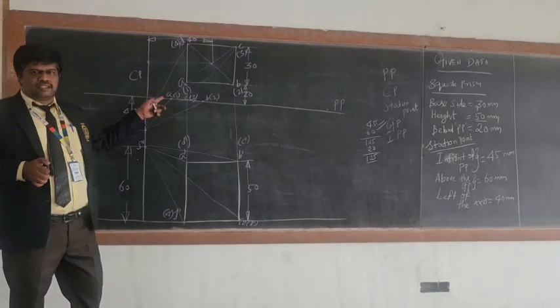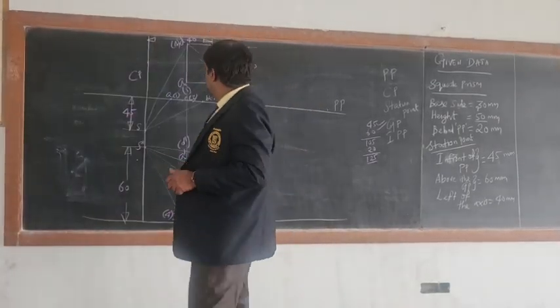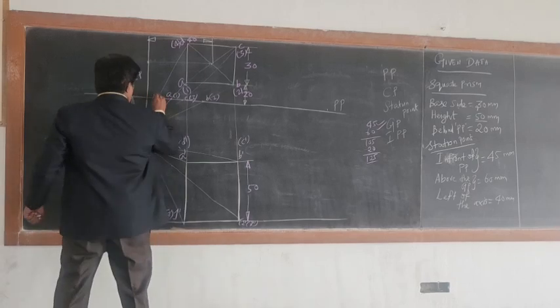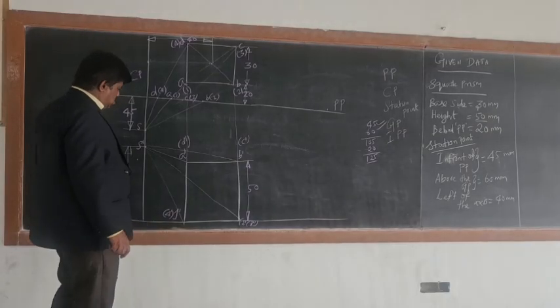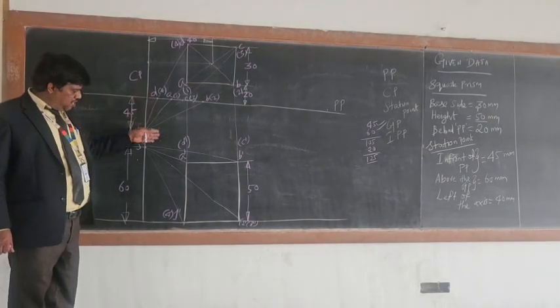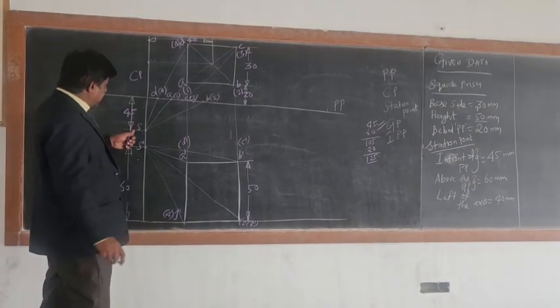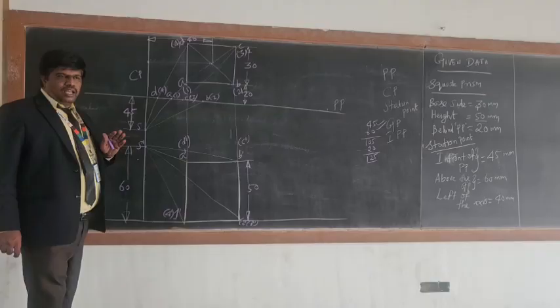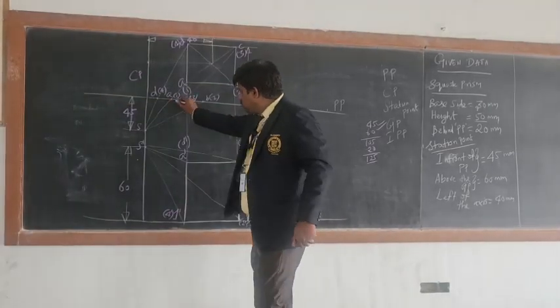No need to write this, for your reference only I am writing. Then here D and 4. So to draw your figure, this is the bottom. Now I connect one by one: A, B, C, D. In sequence we can connect.